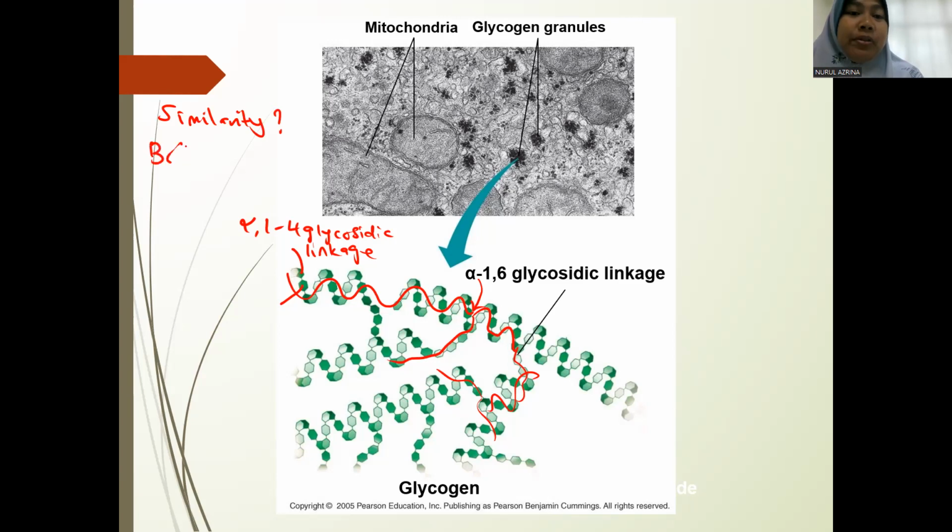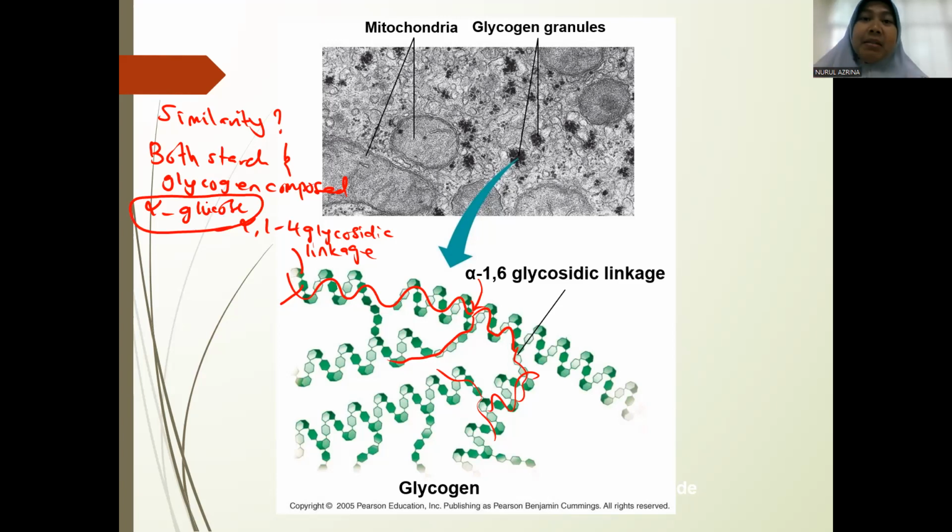Both starch and glycogen are made of, or composed of, alpha glucose. Kedua-dua mereka dihasilkan daripada basic yang sama, iaitu alpha glucose. Right? So that is similarity between starch and also glycogen.